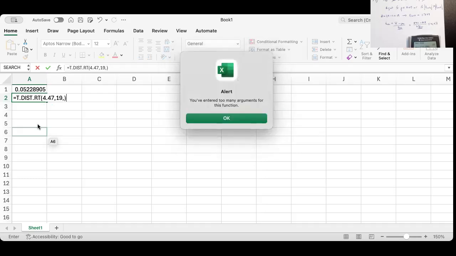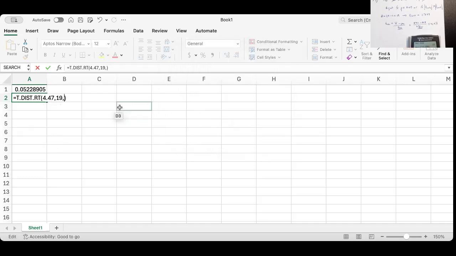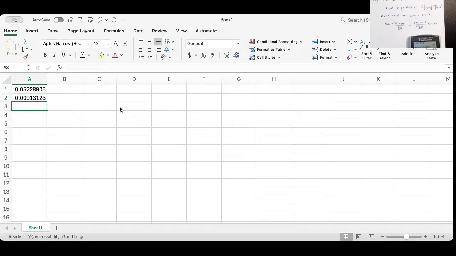Oops, I put a comma in there. Shouldn't have put a comma in there. Get rid of the comma. There we go. 0.0001. That's much smaller than 0.05. Reject. Same decision, two ways to get it.